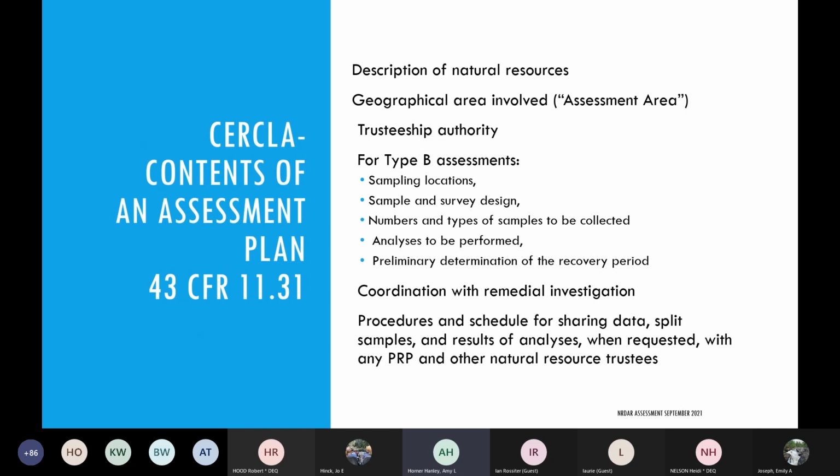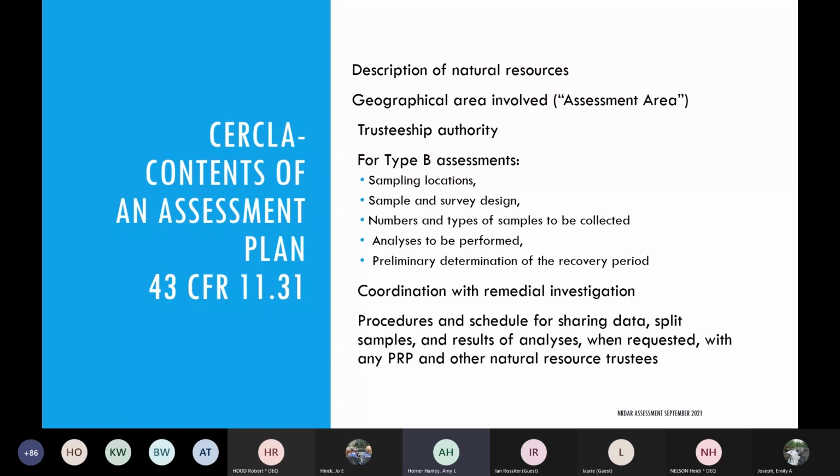It goes on to say for certain types of assessments that are the most frequently used in CERCLA, you need to go into details about sampling location, the survey design, the analyses to be performed, and the numbers and types of samples to be collected. So pretty specific information. You need to talk about the coordination with remedial investigations and procedures for doing things like sharing data and split samples and things like that.